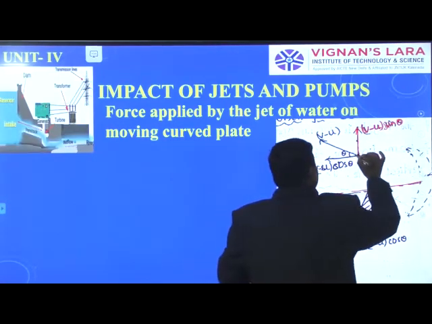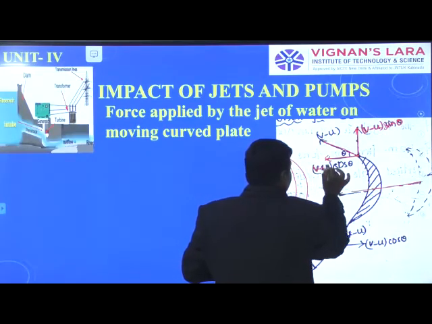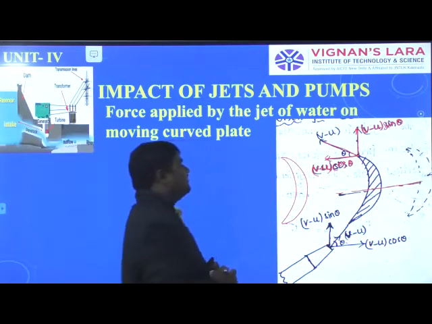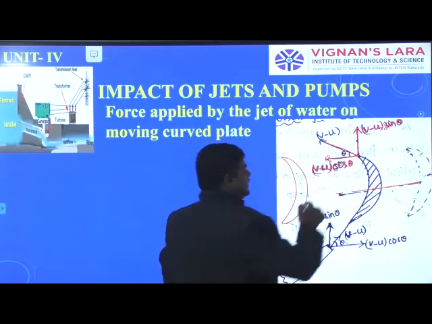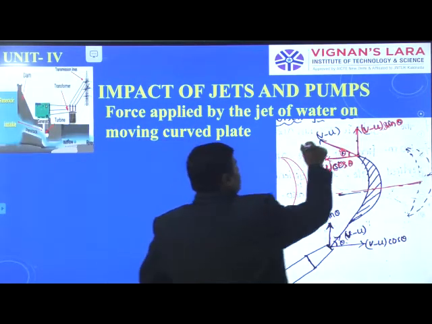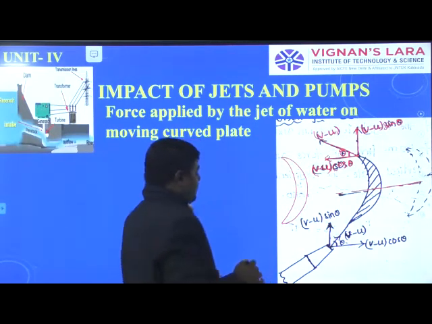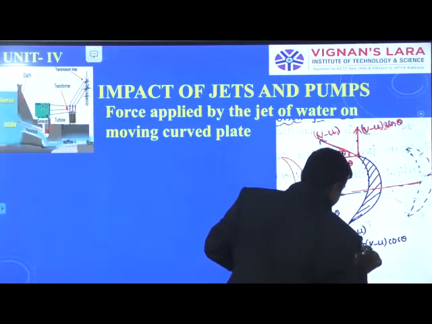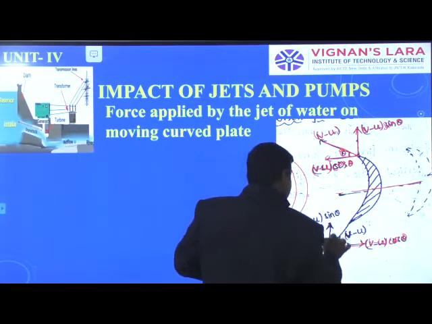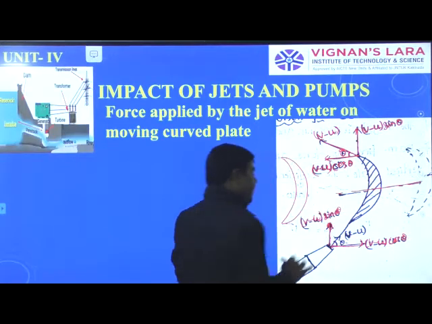This is the x direction, that is v minus u cos theta, and the angle between the vertical and the horizontal is theta. The velocity is initial minus final. Here also v minus u cos theta, and here v minus u sin theta.